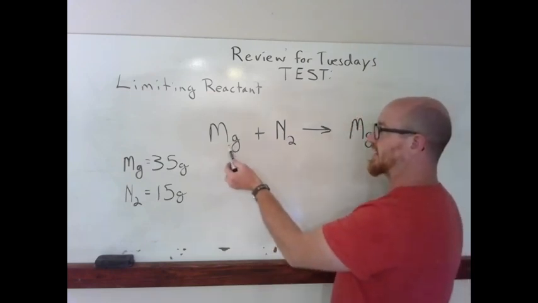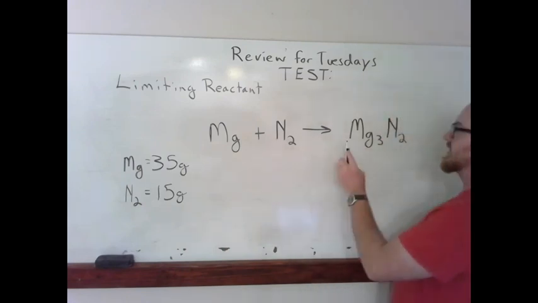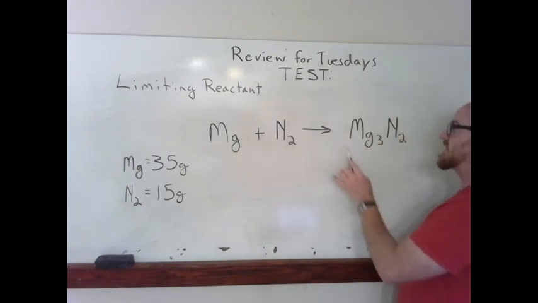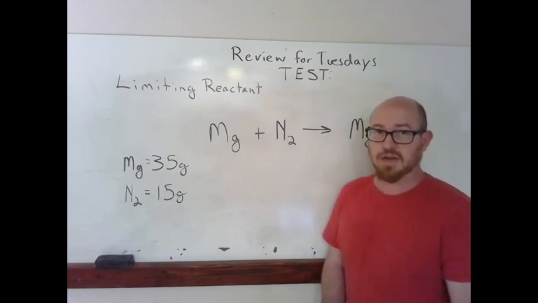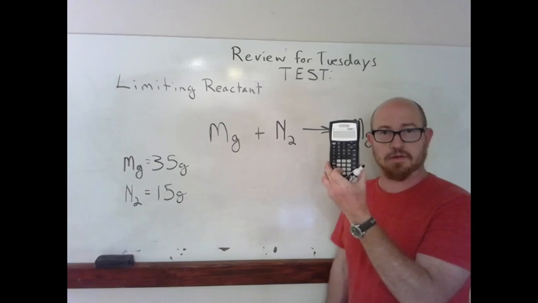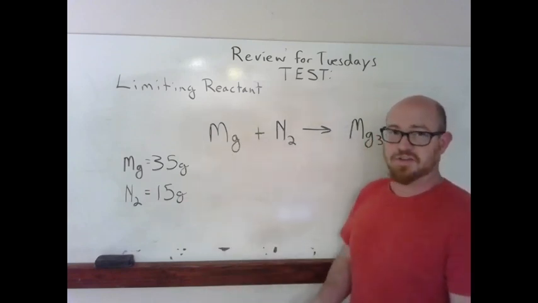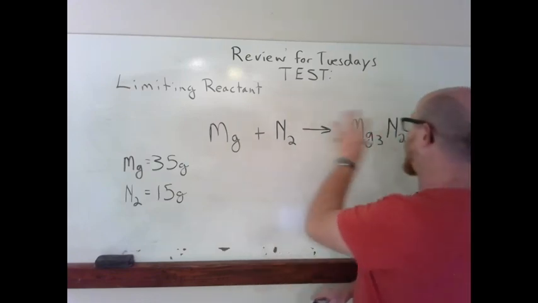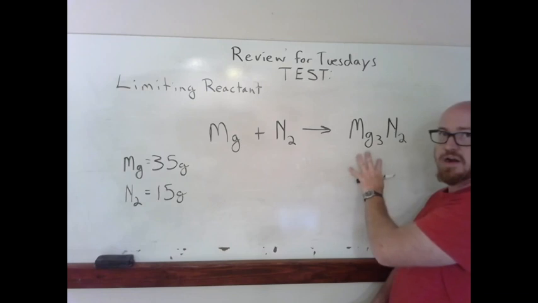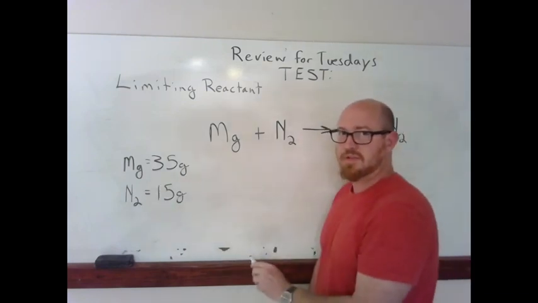We're going to take magnesium plus nitrogen gas, and it's going to take those two things and combine them together to make magnesium nitride. Now, a great tool to have on hand, get your calculator, get your periodic table, because we're going to dive into figuring out which one of these limits how much of magnesium nitride I can make, because I've been given a very specific amount of each.